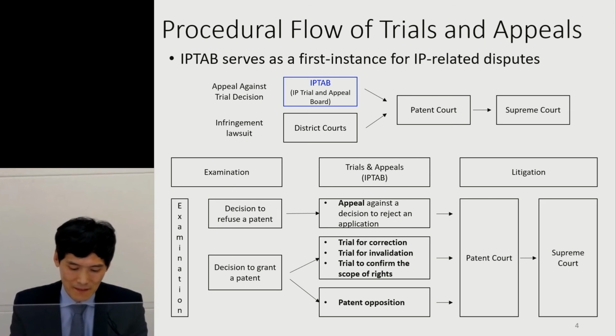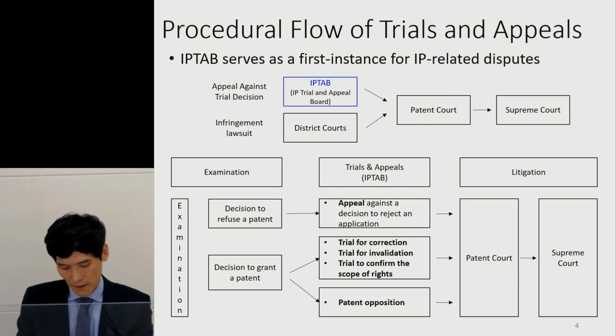This is the procedural flow of trials and appeals. As you can see, IP-related judicial and quasi-judicial system in Korea is based on 3-instance trial system, which is composed of IPTAB or District Court, Patent Court, and the Supreme Court.